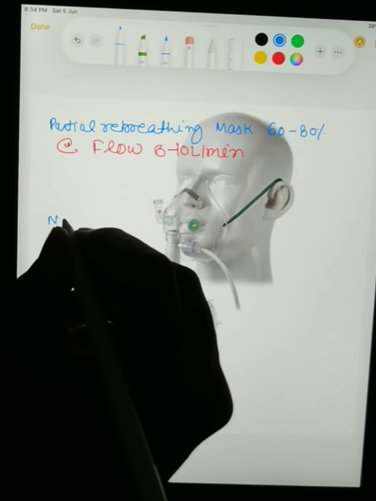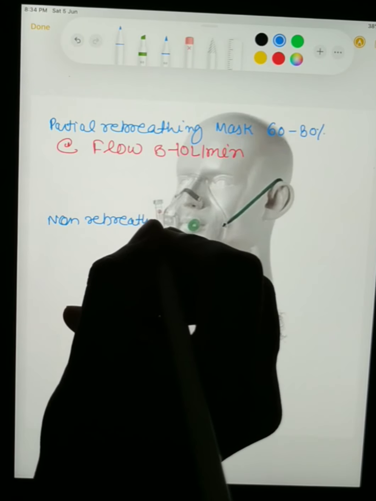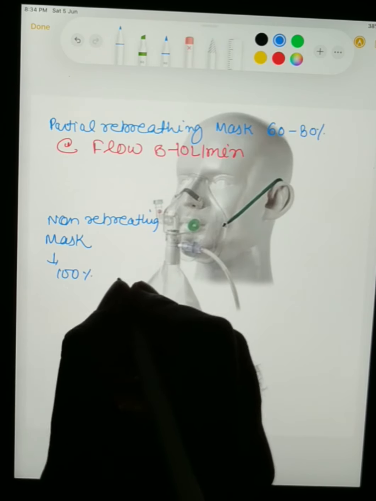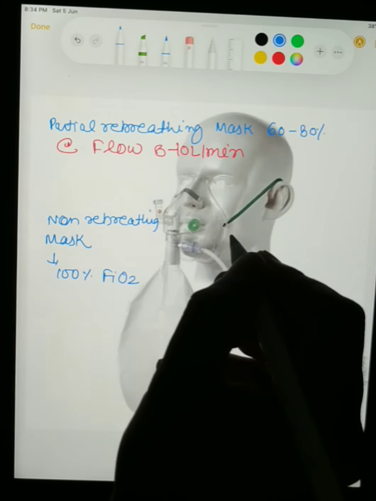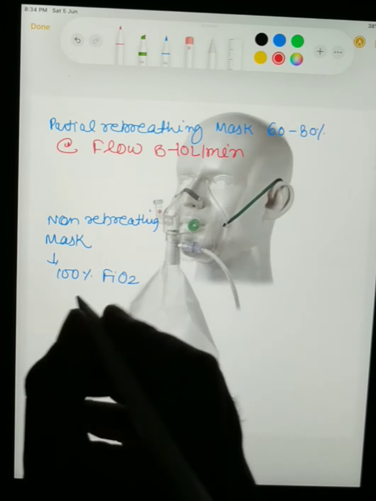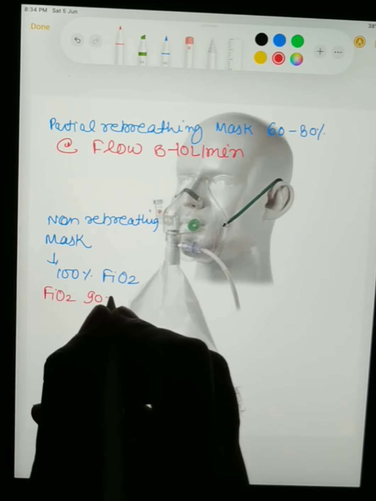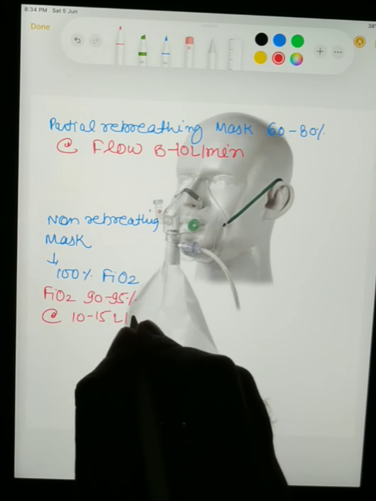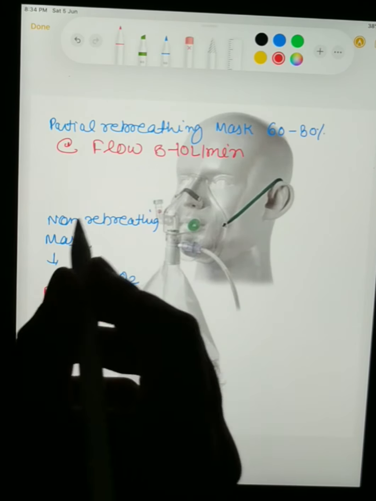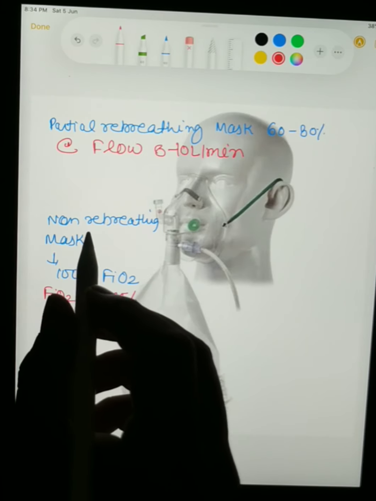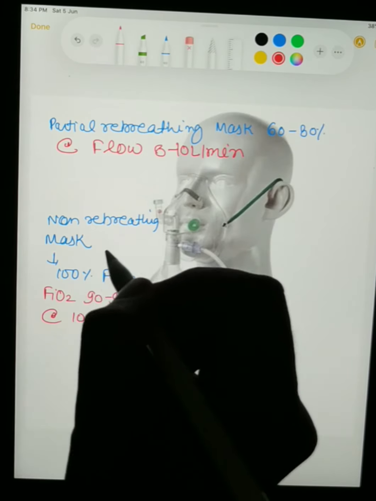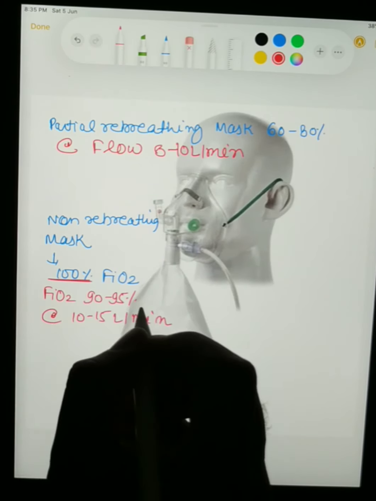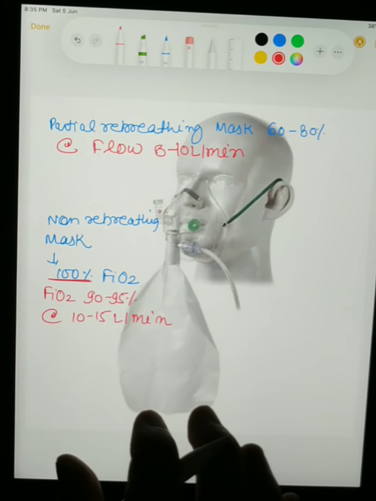And in a non-rebreathing mask, theoretically we can provide 100% FiO2, but there is some leak around the face mask, so the FiO2 is usually 90 to 95%, and the flow is 10 to 15 liters per minute. So this is the non-invasive device through which we can provide the maximum FiO2 to the patient, which is theoretically 100%, but 90 to 95% we can provide through a non-rebreathing mask.